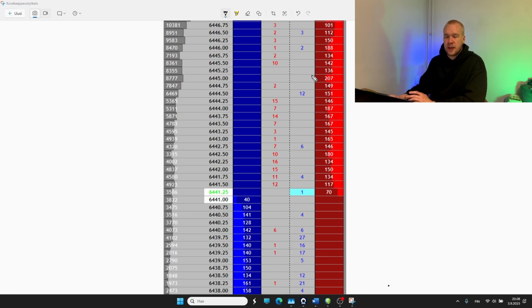Just to give a very quick summary, in the middle here we have the market orders on both of the sides. So we have the buy side here on the right and the sell side here on the left. And on the right side, we have the passive sellers. So these are limit orders.